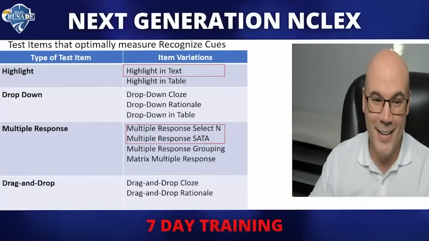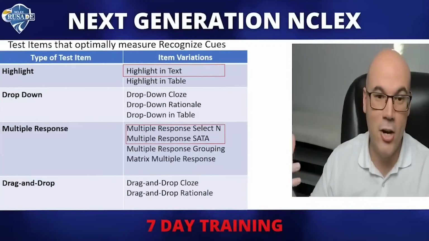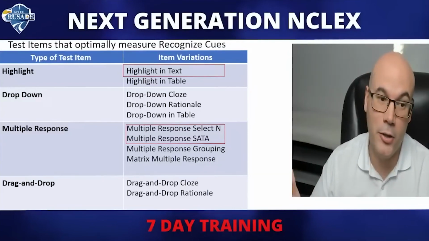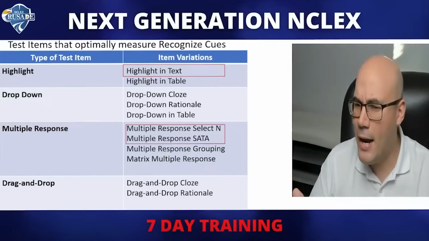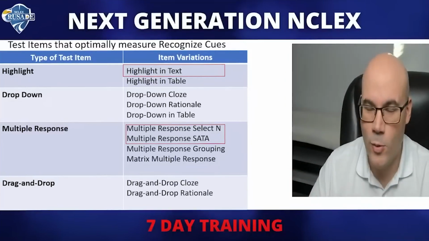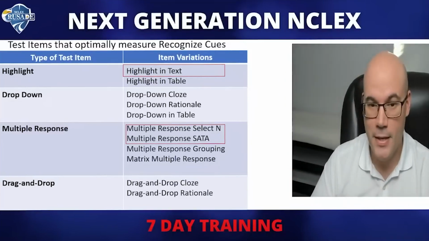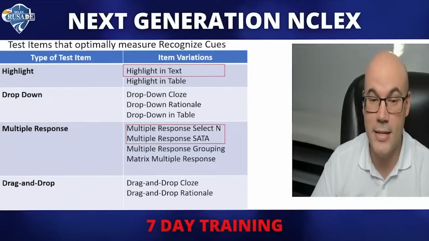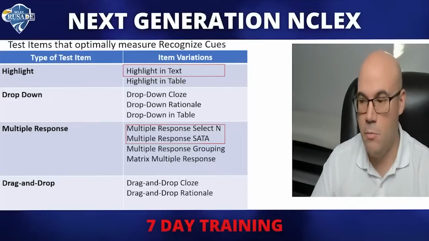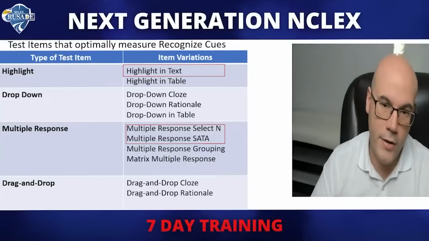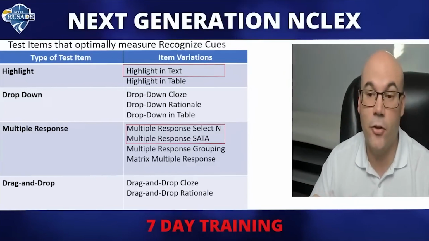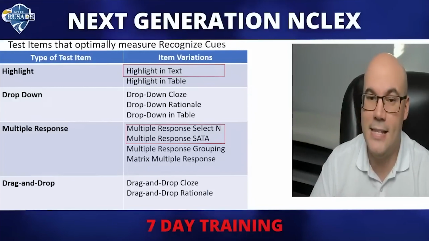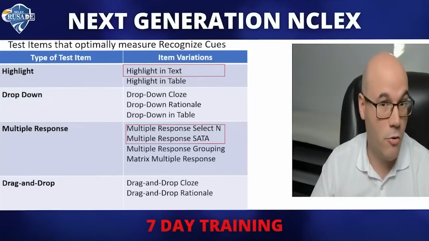I know that you guys are very interested in learning how to think critically, but we need to know how to respond to select all that apply. Is anybody here struggling with select all that apply now? Is it going to be different on the Next Generation NCLEX? And the answer is yes. In most of these new types of Next Generation NCLEX items, one of the greatest benefits that you will see is that you will get partial credit.